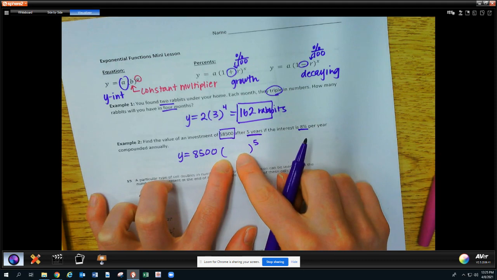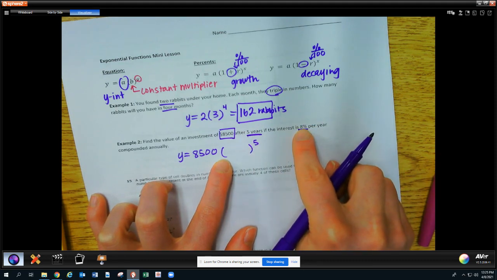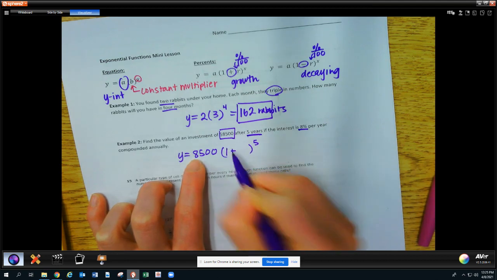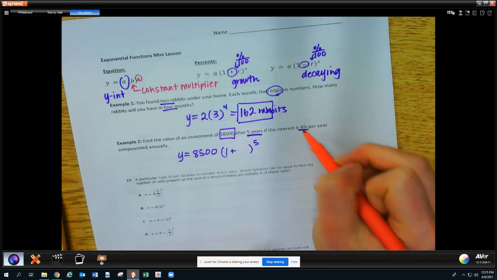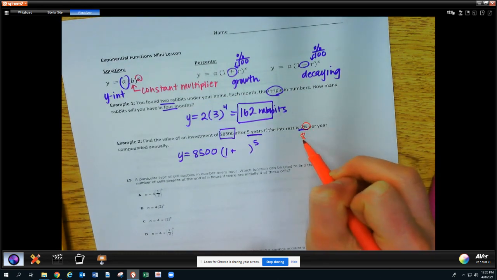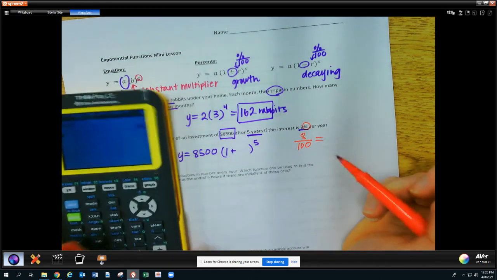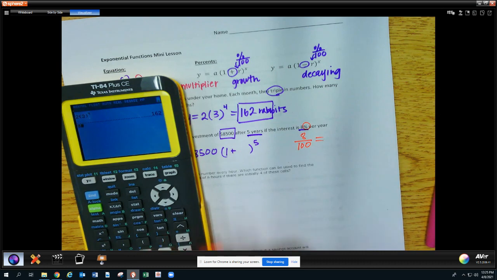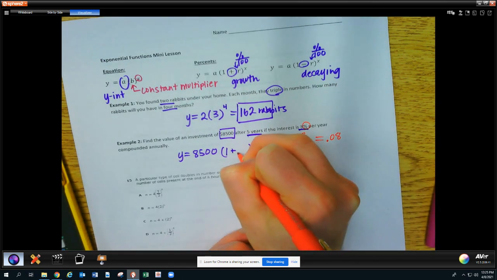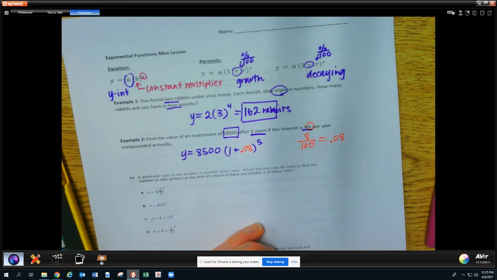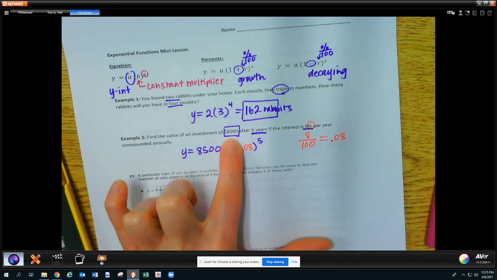To figure out what's going on here, we have a percent, and it's growing. It's earning interest. So I'm going to go ahead and write the 1 plus. Now to get what I'm adding, as soon as you see percent, 8 percent means per 100. So 8 divided by 100, and you want to leave that as a decimal, 0.08. So 1 plus 0.08. You don't want to just leave it as 0.08.